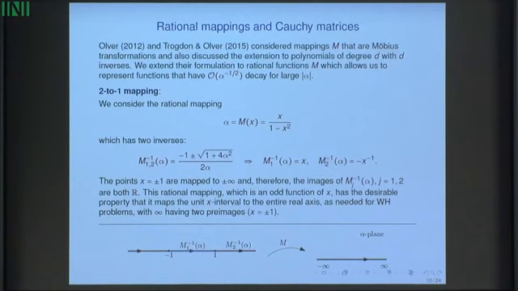I should also say that this rational mapping is a not function of x, meaning that infinity has two preimages, which is exactly what we want, because we want a mapping from the unit interval to the entire real axis. Minus infinity and infinity correspond to these two points, minus 1 and 1, which means that at those points we need to make sure that we have the correct behavior.